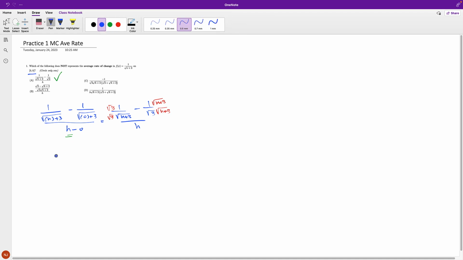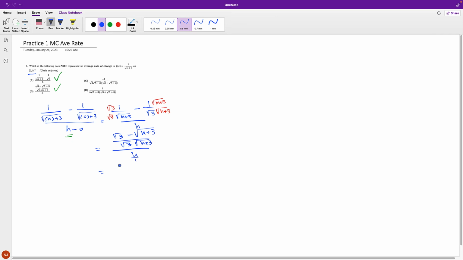And so I end up with square root of 3 minus square root of h plus 3 over square root of 3 times square root of h plus 3, over h. Oh, by the way, let's go back here. That actually appears in there. So that is actually in the process.